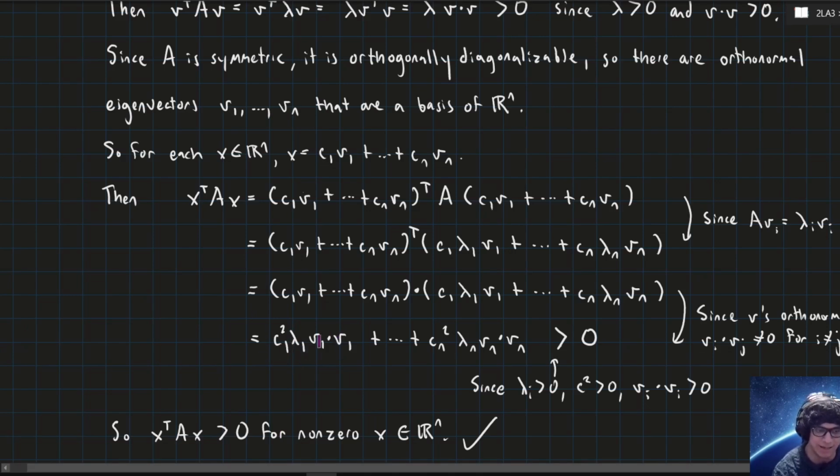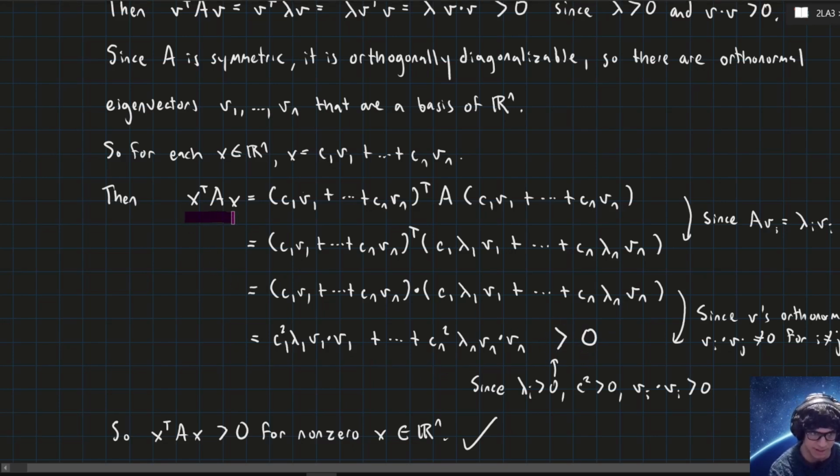And I know that v1 dot v1 is going to be greater than 0, because it's a dot product with itself. So this whole term will be greater than 0, and by the same reasoning, each one of these will be greater than 0. So this is a sum of positive numbers, so it will be greater than 0.